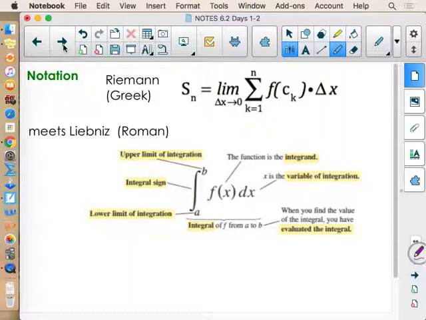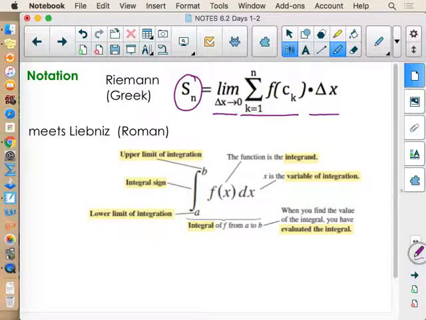Notation-wise, we're more familiar with summation notation that we just saw. That limit of the sum of all the heights times all the bases would be that sum that we're looking for. And that's what Riemann would have written because he used Greek letters in his notation. Leibniz, who's one of the two fathers of calculus that they would credit for big branches of it, he used Roman notation.